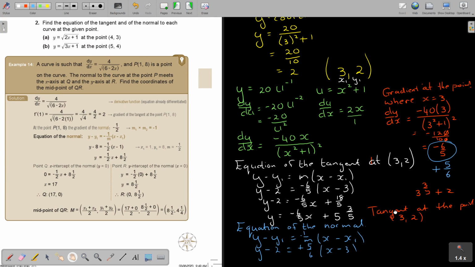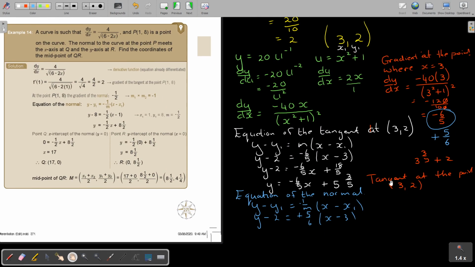And I'm finishing off with this one. Hopefully the pen is going to work here. So it's y is equal to, let's leave the positive out, so let's just say 5 over 6 x. Okay, now don't forget, this is going to be negative 15 over 6 plus that 2.